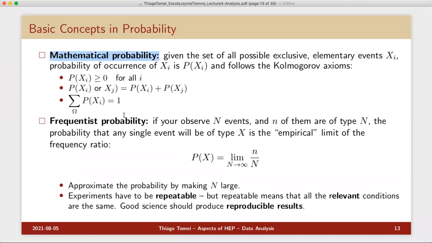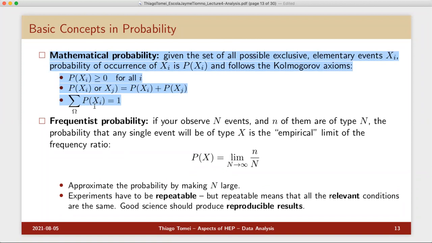The probability of occurrence of some event x_i is p(x_i), and it has to follow the so-called Kolmogorov axioms. It has to be positive, has to be disjoint like this, and has to sum to 1. The sum of all probabilities has to be 100%. This helps us not much.